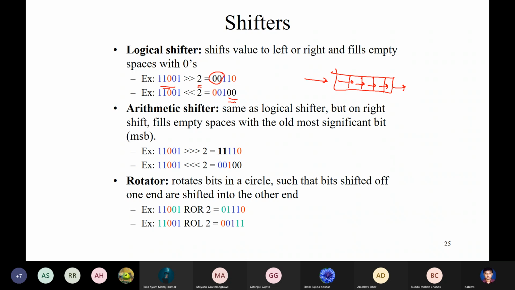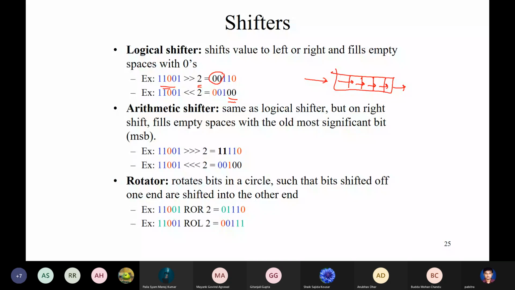Anybody? What is the arithmetic operation? Sir, integer division and multiplication by 2. Very good, very good. We can use that inside the ALU itself.